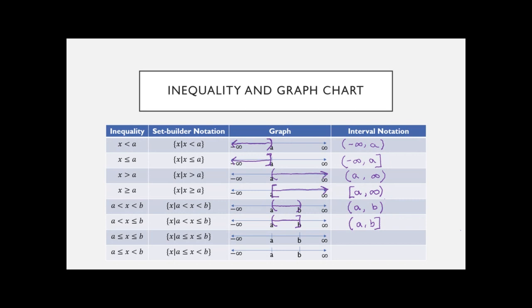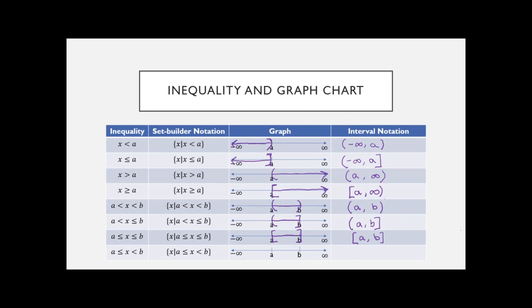Then we have A is less than or equal to X, which is less than or equal to B. So we're in between A and B, and they both have less than or equal to symbols, so they're both brackets. So now it looks like an ordered pair, but with brackets. I don't know why that did not look straight. There we go.